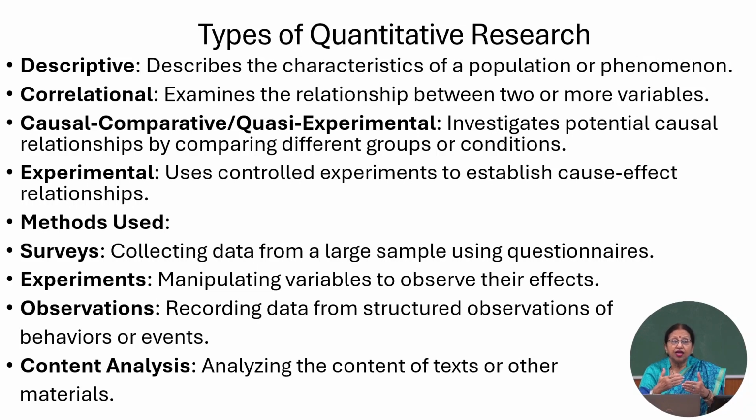So even in that broad category of quantitative research, there are subcategories which could be descriptive, correlational, causal comparative, quasi-experimental, or experimental. And the methods commonly used for conducting quantitative research are surveys, experiments, observation, or content analysis.